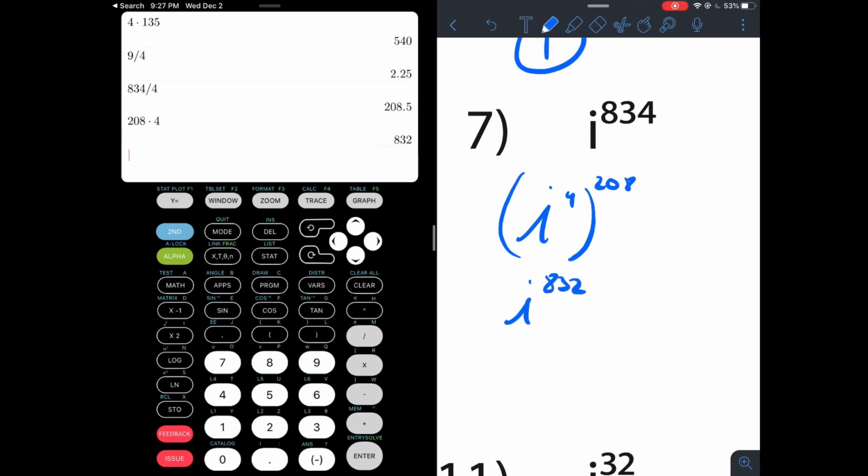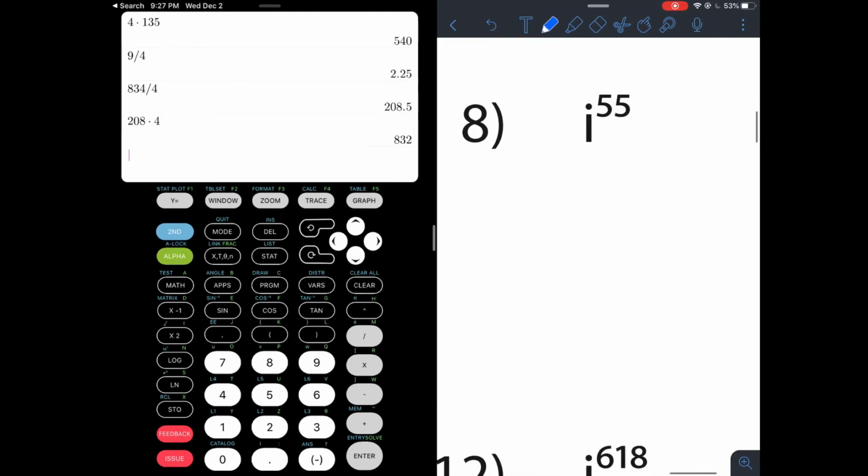We're going to need 2 more to get from 832 to 834. This guy goes to 1, and we know that i squared is equal to -1. So our answer here is going to be -1.